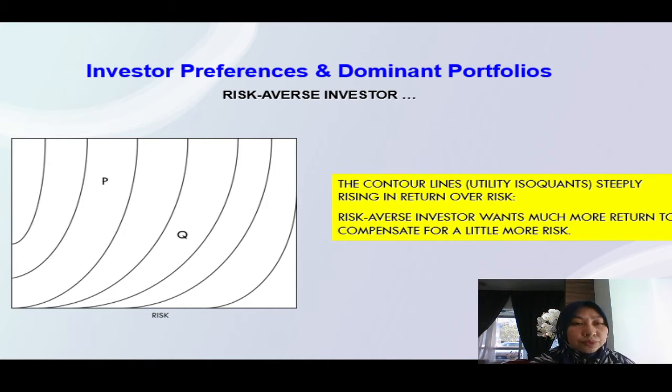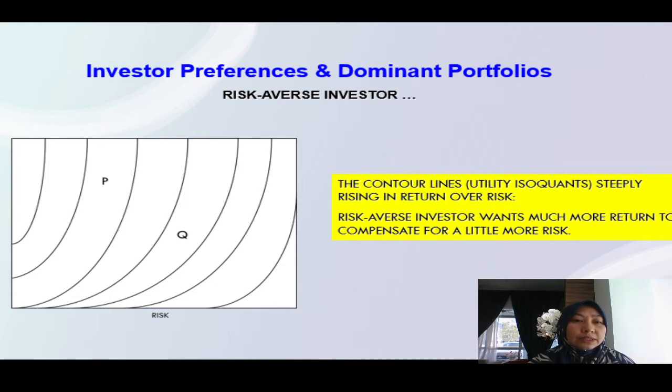We have two types of investor. The first one is the risk averse investor. They do not want to incur high risk for their investment. Still, they want to invest, but they only accept a minimal risk. These types of investor we call risk averse investors.